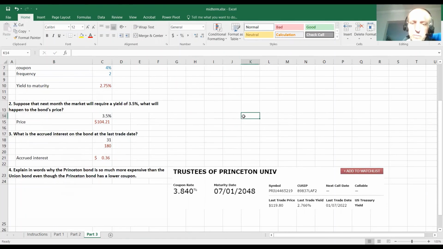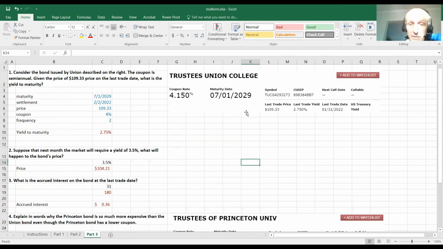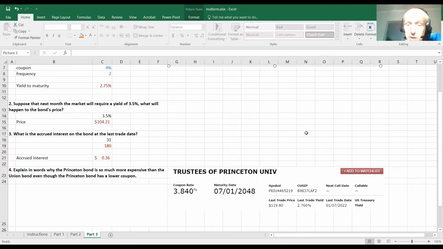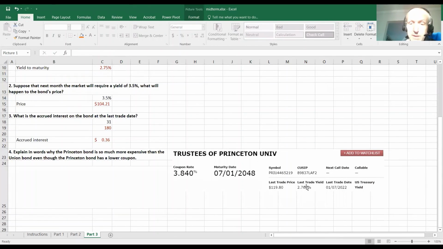And so both of the bonds sell at a premium. Why are they selling at a premium? Because the coupon rate is higher than the interest rate that's applied to value the bond. In fact, the interest rate is actually somewhat lower for the Union bond than for the Princeton bond, but more or less they are equal.